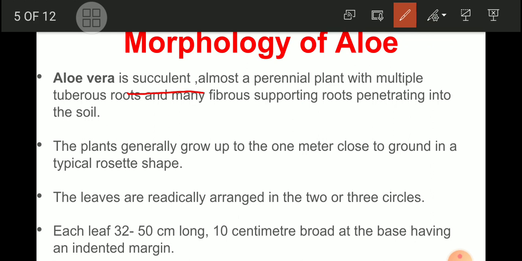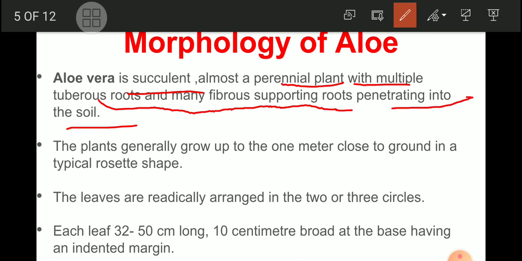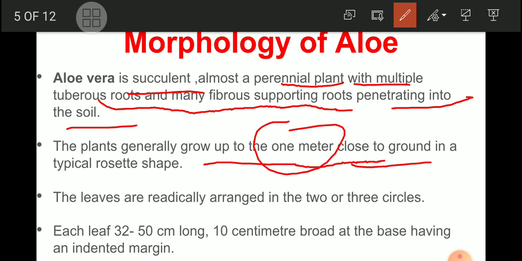So aloe is a succulent, almost perennial plant with multiple tuberous roots and many fibrous supporting roots penetrating into the soil. The plant generally grows up to 1 meter close to the ground in a typical rosette shape.